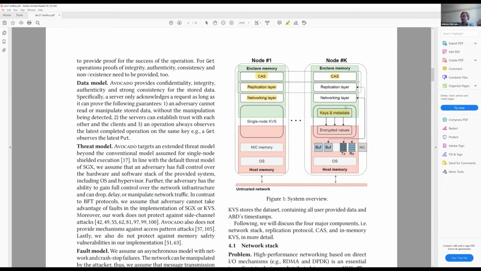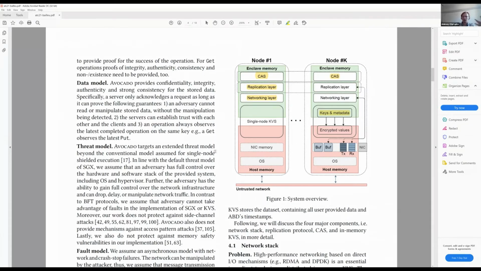So yeah, green stuff is this enclave, everything that's in the enclave, which is all the code and the keys and the metadata for the storage. The actual data resides in the host memory, and so does the rest of the communication, like the network.